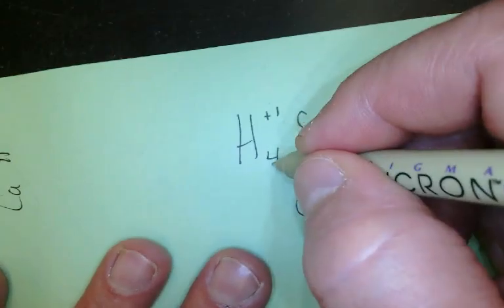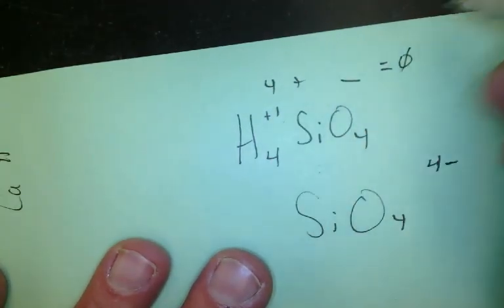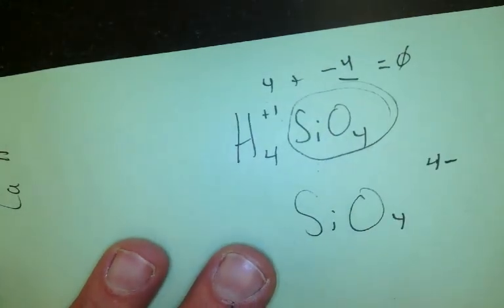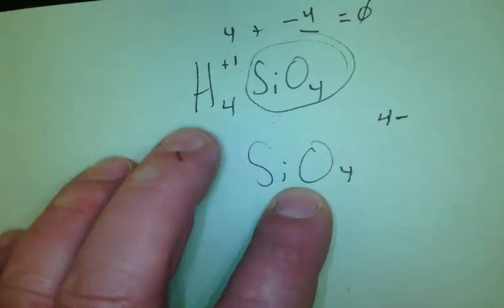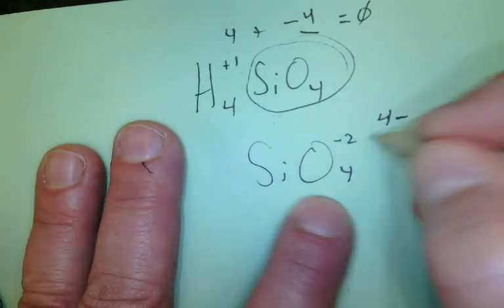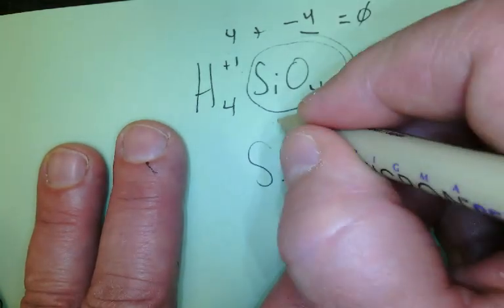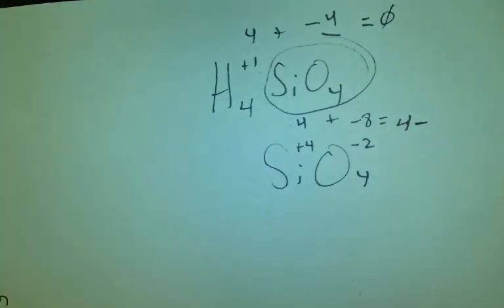I'll just show you. 4 plus what equals 0? -4. So this whole thing is a -4. So now I gotta pull it out, and I have to grapple with this on its own. So that'd be a -8. That'd be a 4. See how I did that?